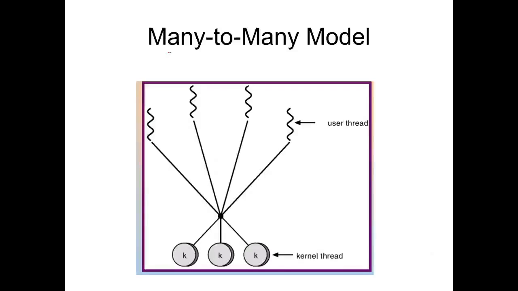Next is the many-to-many model. In this diagram you can see there are many user level threads and many kernel level threads, and the many user level threads are accessed by the many kernel level threads. It maps many user threads to an equal number or a lesser number of kernel threads. The number of kernel threads depends on the application or machine.